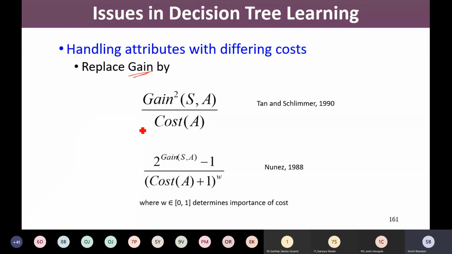What do I mean by costs? Costs might be monetary costs, or the costs might relate to patient comfort.